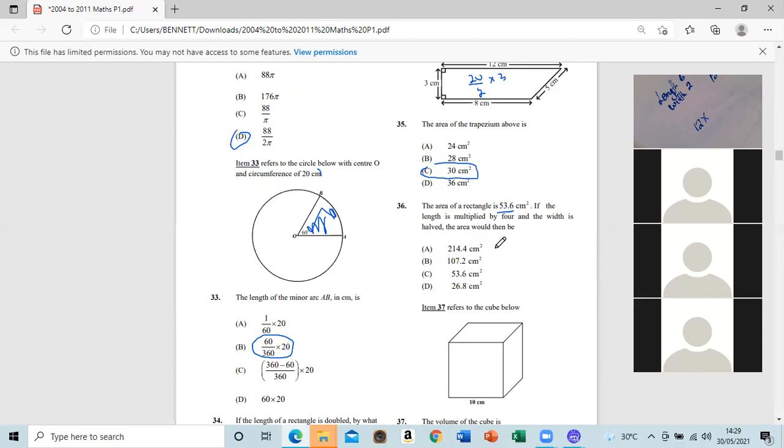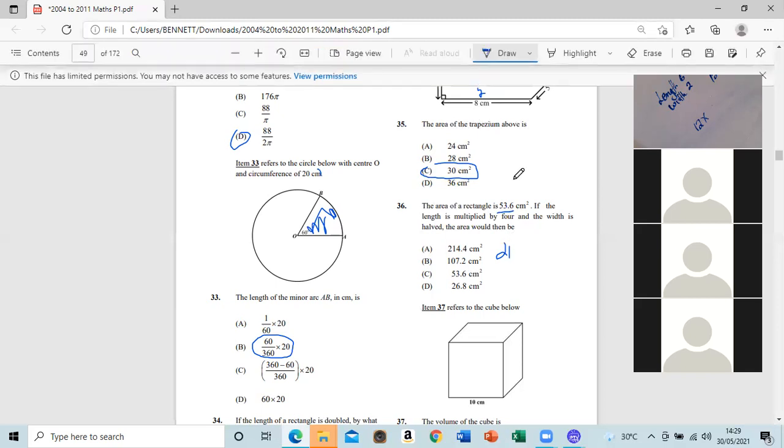So now we double the length, so 2 times the length. No, by 4, the length is multiplied by 4. Remember, it's not double. So you can just do it practically: multiply 53.6 by 4 and divide by half.